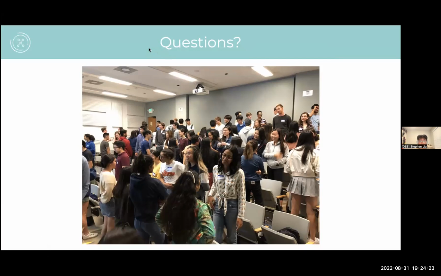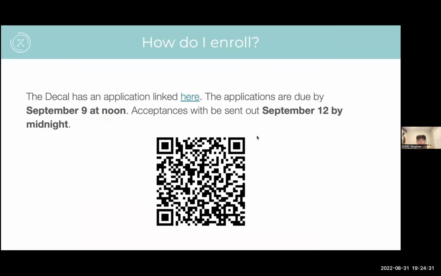Nonetheless, we still have different events for the DeCal because, for example, last semester, we had a social just for the DeCal, and we're going to continue to do that this semester. So there's plenty of opportunities for you to have fun in the DeCal as well, and to hang out with not only your group member, but everyone in the class in general.